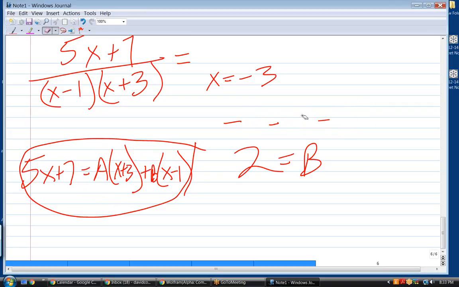Now, I don't even need to use that to solve for A. I just need to find another x that makes my B term go away. What would that be? 1. Okay. Let's rewrite this equation using an x of 1. The left side becomes 12.